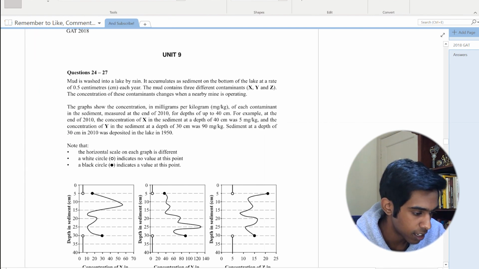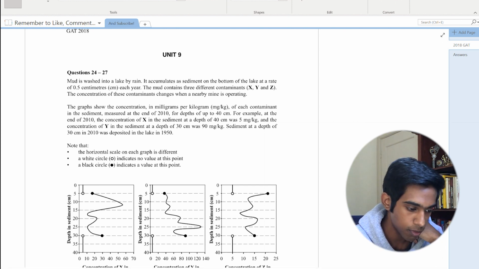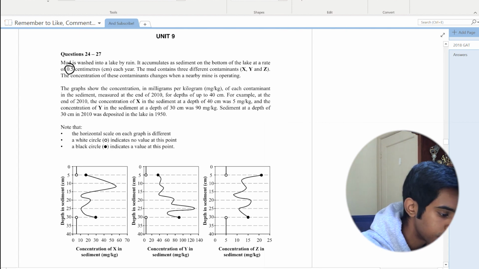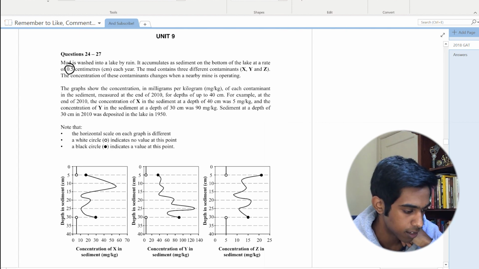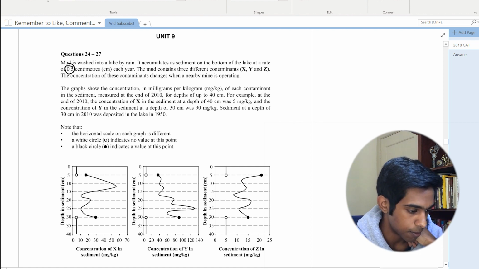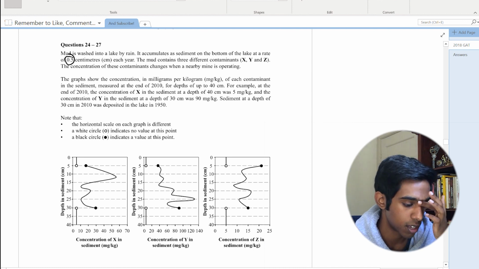Now, next set. Mud is washed into a lake by rain. It accumulates as sediment. The mud contains 3 different contaminants. A rate of 0.5 centimeters per year, each year. The graph shows the concentration in milligrams per kilogram of each contaminant in the sediment, measured at the end of 2010, for depths of up to 40 centimeters.